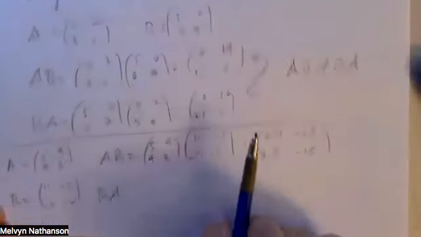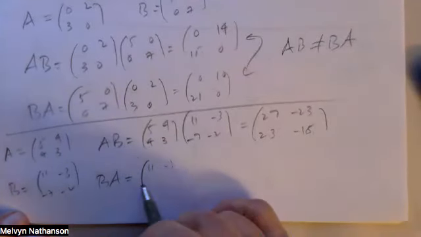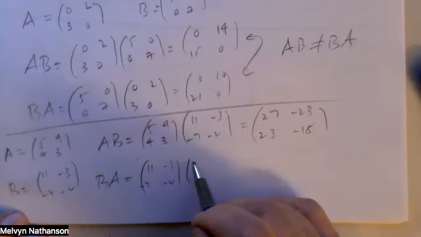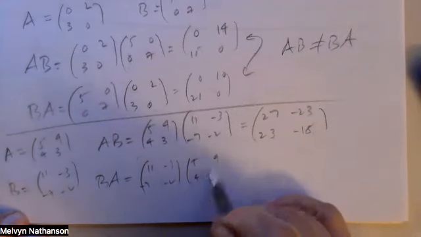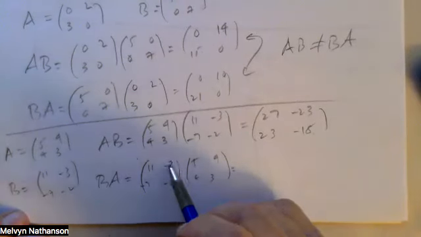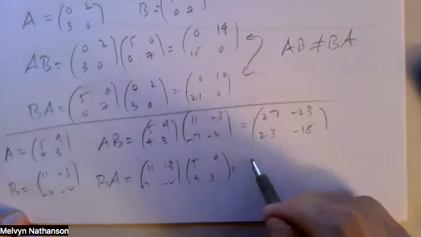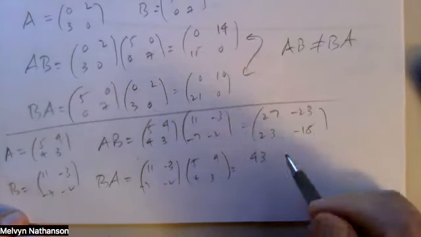If I multiply in the opposite order, B times A, 11, minus 3, minus 7, minus 2 times 5, 4, 4, 3, I get 55 minus 12 is 43.